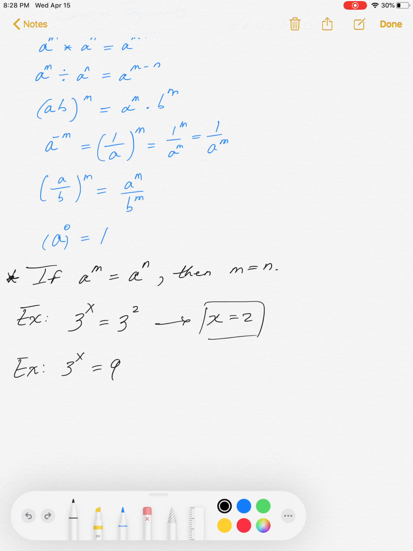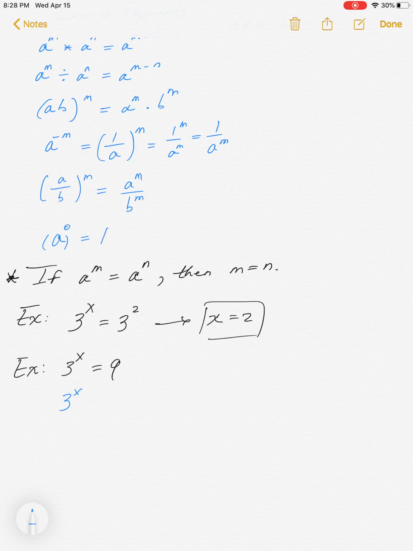We rewrite that as 3 to the x is equal to 3 squared, because 9 is 3 squared, and then we have our solution, x equals 2. Once you get your bases the same, you set the exponents equal to each other, and voila, done.